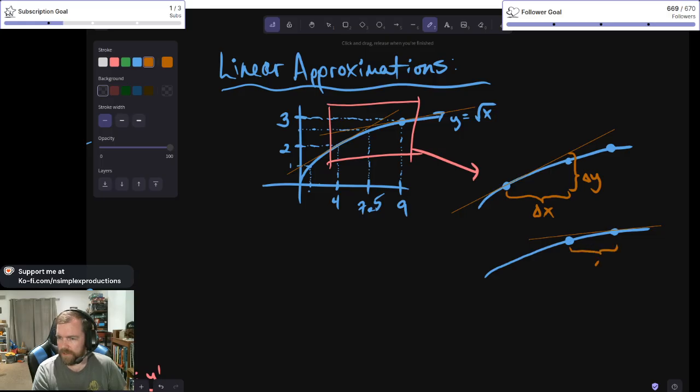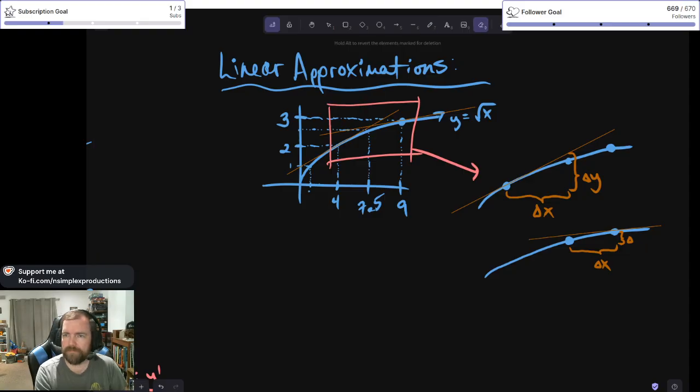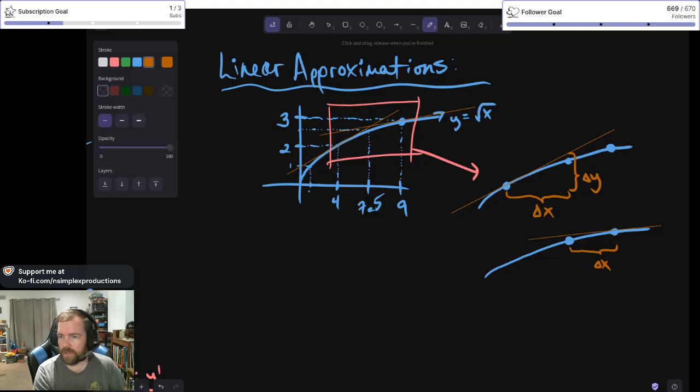So our change in x is going to be here, and our change in y is going to be, nope, because it's not to that one. Again, this is to the orange line. Change in y is going to be here. Okay, so then we have to look at this and say which one of these is going to be more accurate. Well, we'll see how it goes.